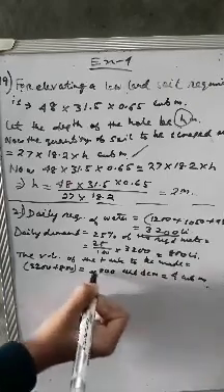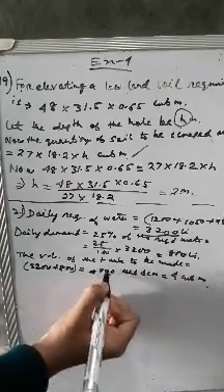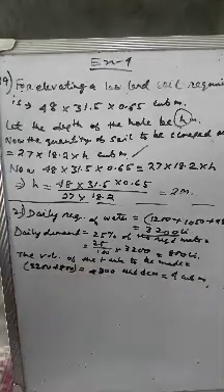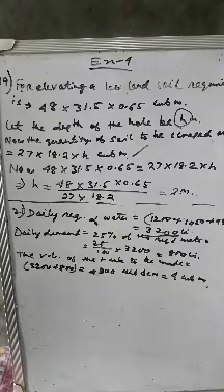The conversion you do on yourself. 4000 cubic decimeter or 4 cubic meter.